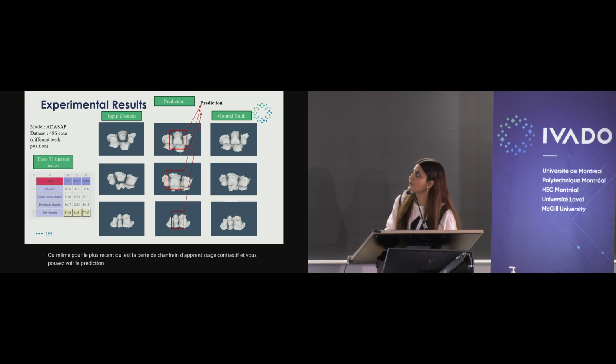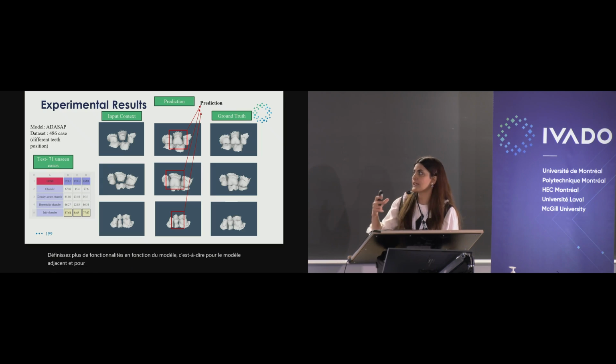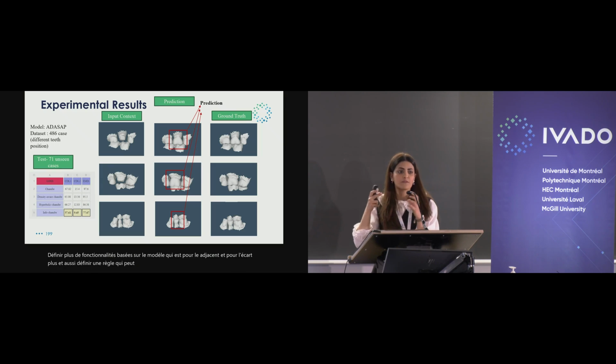As future goals, we are looking forward to defining more functionality for the model, for the adjacent and gap loss, and also defining a rule which can help us produce more details for the different positions.